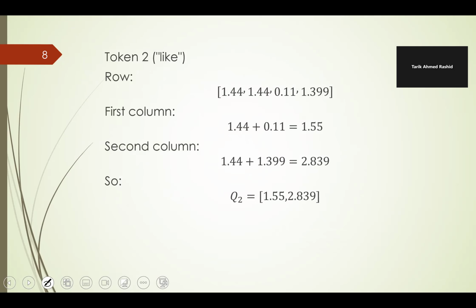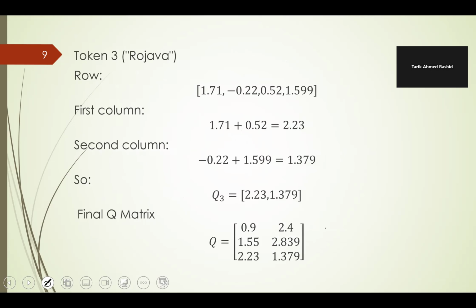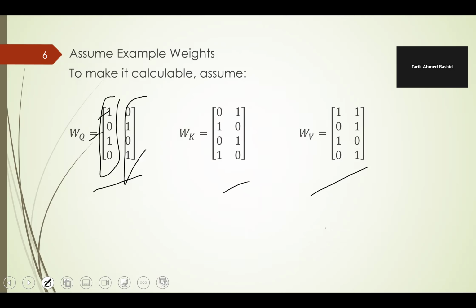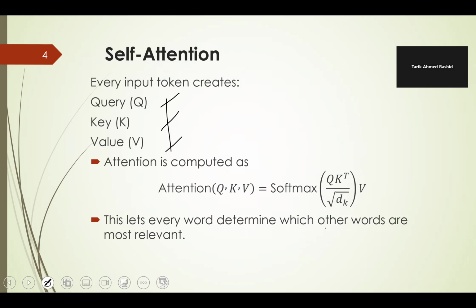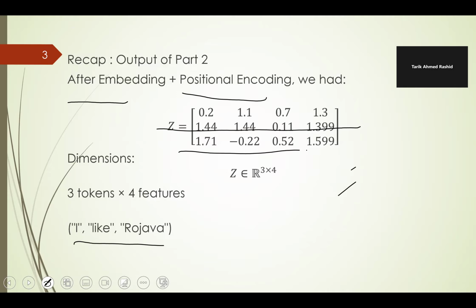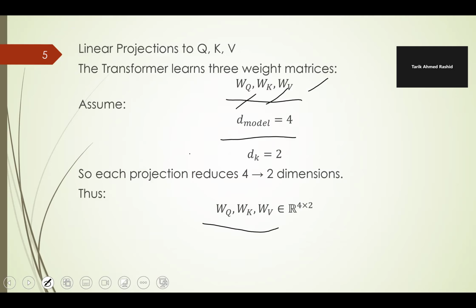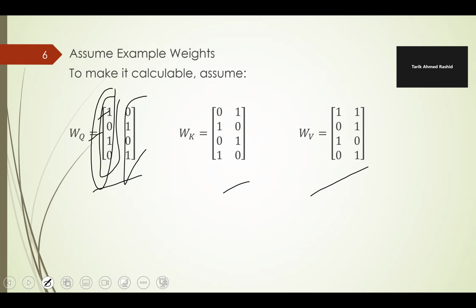So done, two values were found for "like," and we will do it for Rojava again. Rojava, row number three, this row multiplied by the first column and multiplied by the second column, and you'll have two values.